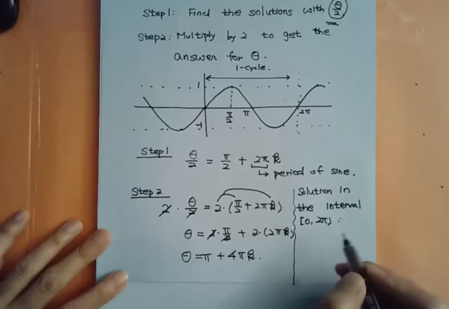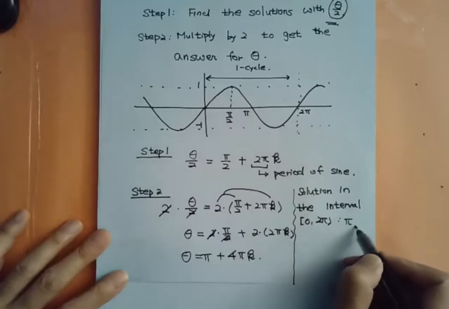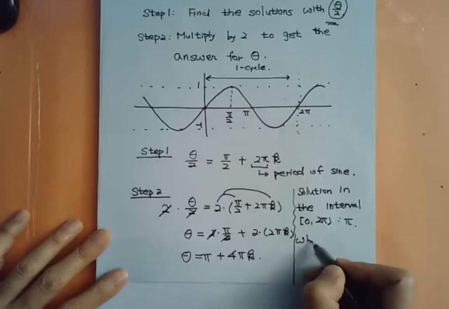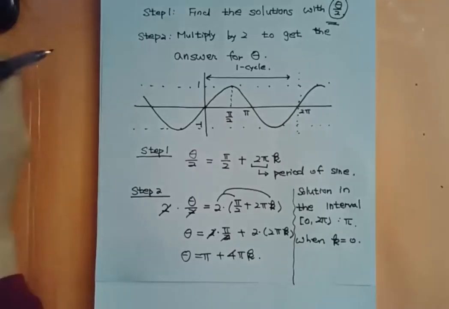Then the only solution, as you can see here, is pi, when k equals 0. Any question?